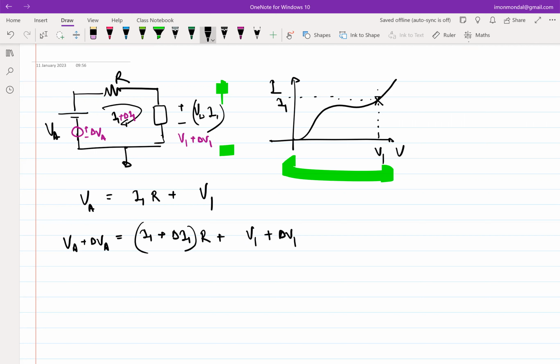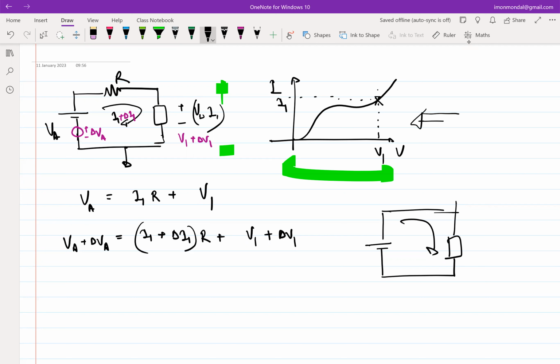So let's say you are in the lab, you want to get this plot. What will you do? You will simply take this element, apply a voltage source across it and observe the current, right? And you change the voltage source and you observe how the current changes and you plot. This is essentially the result of that plot.